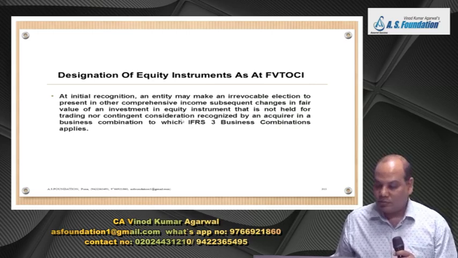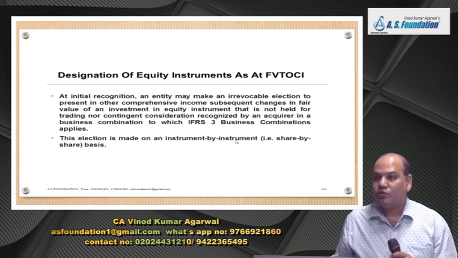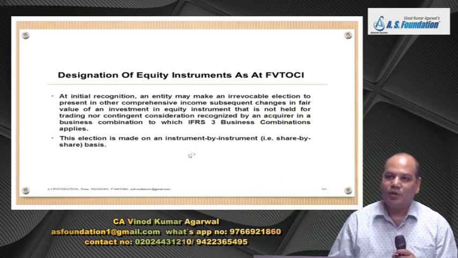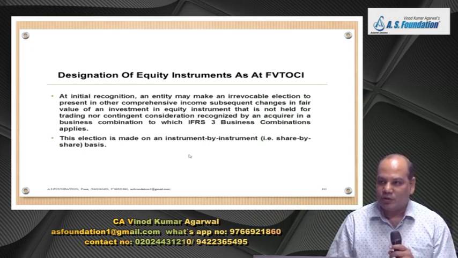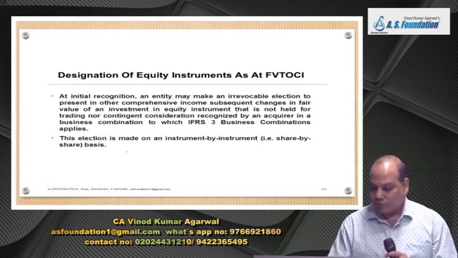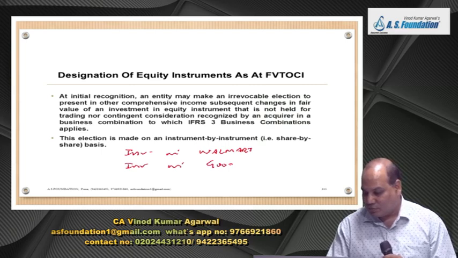Contingent consideration, the election is made on an instrument by instrument basis. It is not necessary that all equity instruments have to be designated as FVT OCI. So I can choose. So I have investment in shares of Walmart Limited, example only. I have investment in shares of Google.